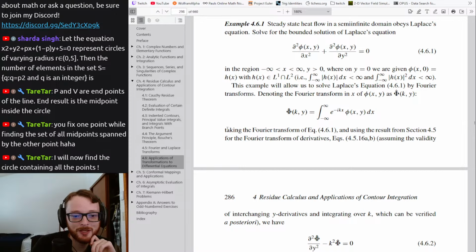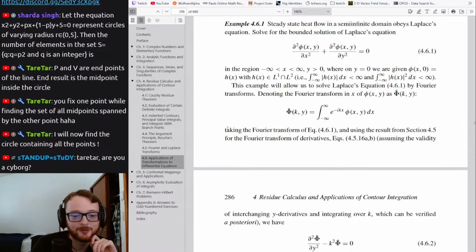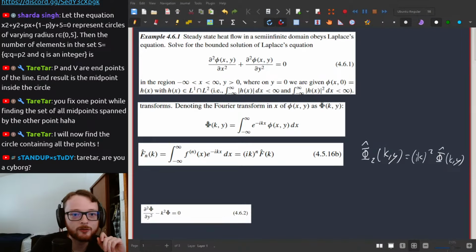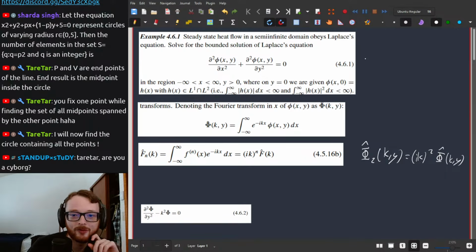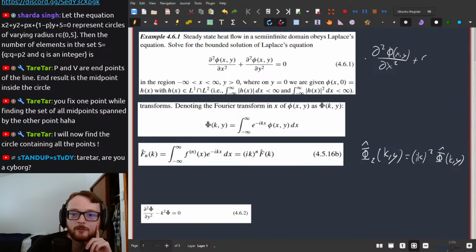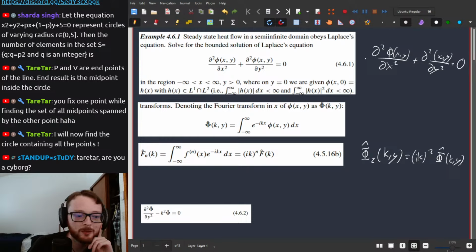Okay, you know what? Maybe I should back up and ask the stupid question, which is, when they say take the Fourier transform of that equation, they're literally doing the Fourier transform of each side. As in, they start with this, and then they literally multiply through by the exponential and integrate each side.